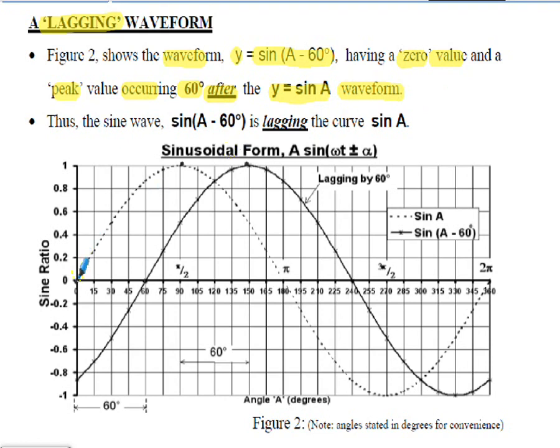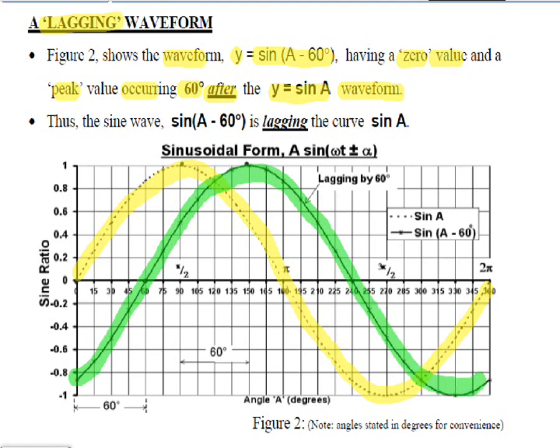So there's our basic waveform here. This is a basic standard sinusoidal waveform that we're looking at. And what we've got also plotted is the waveform of sine of A take away 60 degrees. This is the system waveform that we're analysing here.